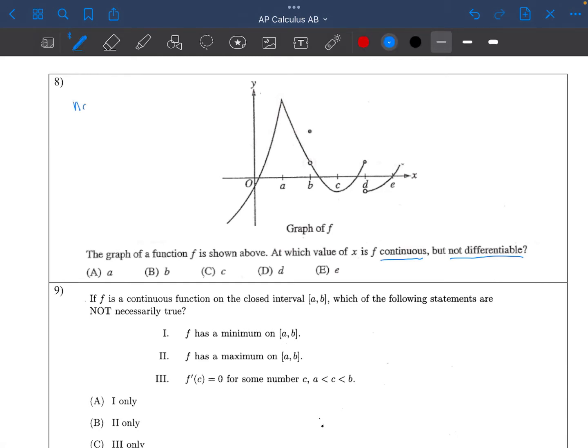It also helps to have the definition of not differentiable. If something is not differentiable, you have one of the following things: a sharp corner, or a vertical tangent, or any sort of discontinuity.